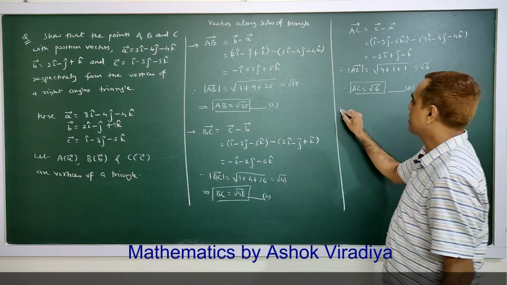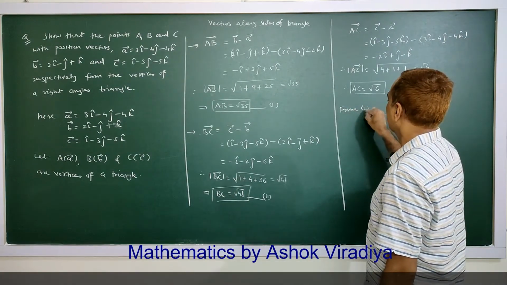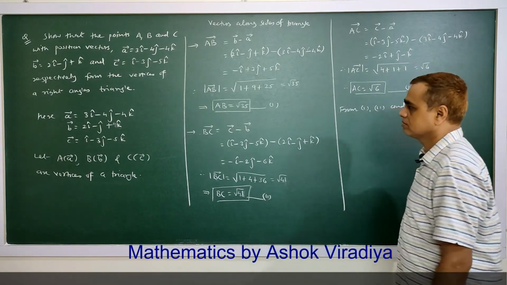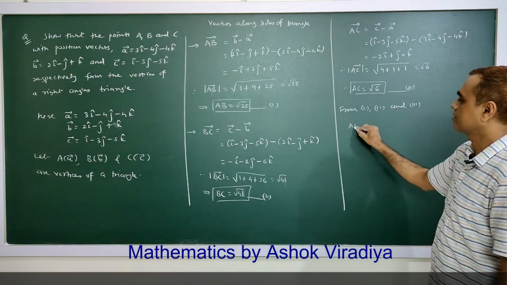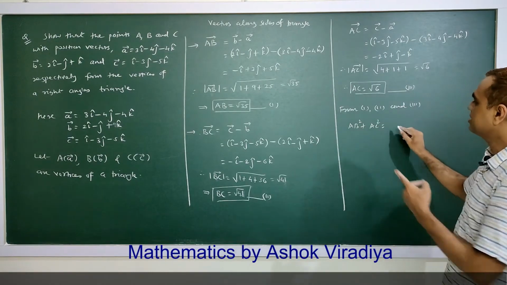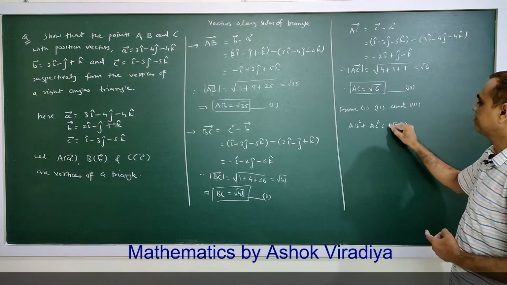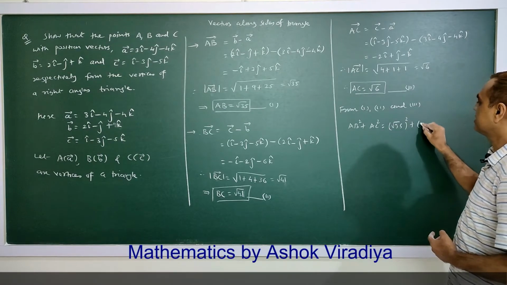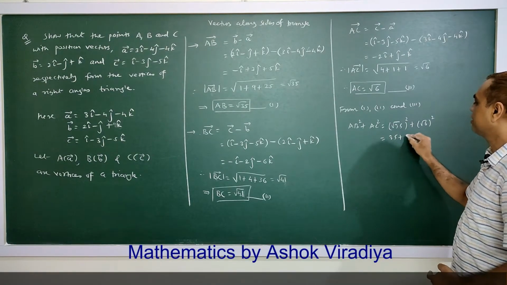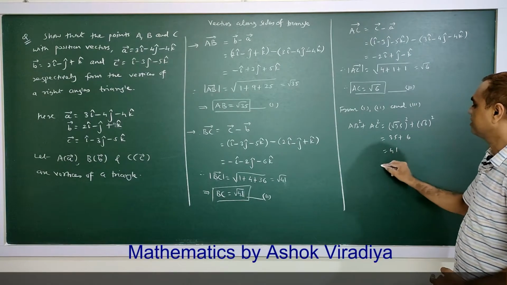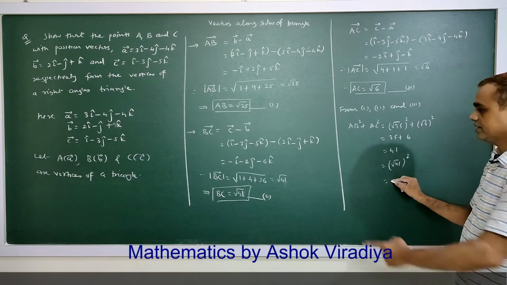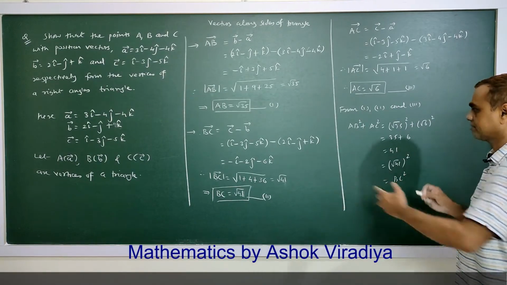So from 1, 2 and 3, AB square plus AC square. AB square is root 35 squared, AC square is root 6 squared. 35 plus 6 is 41, and it is root 41 squared. It is BC square.